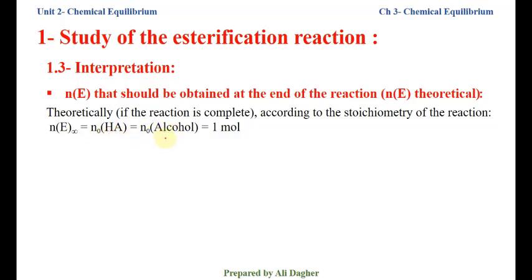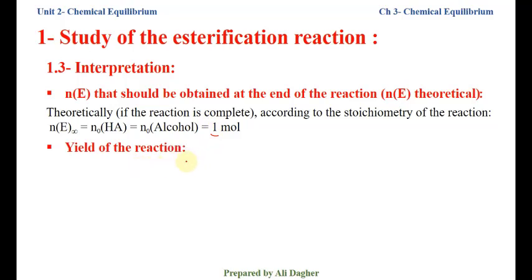The ratio of acid equals the ratio of alcohol, then the initial mixture is stoichiometric and the two reactants are limiting. Then we can calculate the final number of moles of ester theoretically from any one of the two reactants, acid or alcohol, equals the same 1 mole. Then we should obtain 1 mole if the reaction is complete.